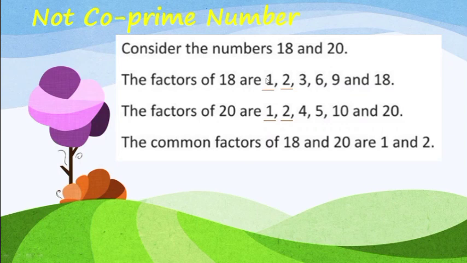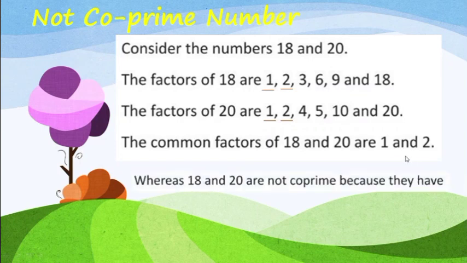Now see the common ones: 1, 1, 2, 2. So in this case we find that the common factors are more than one number, and here the factors are 1 and 2. So in this case we can't say that 18 and 20 are co-prime numbers. The common factors of 18 and 20 are 1 and 2, so we will not say these are co-prime numbers.